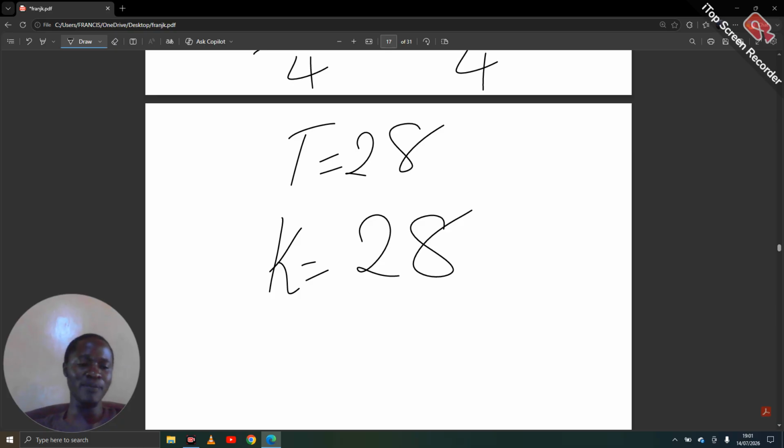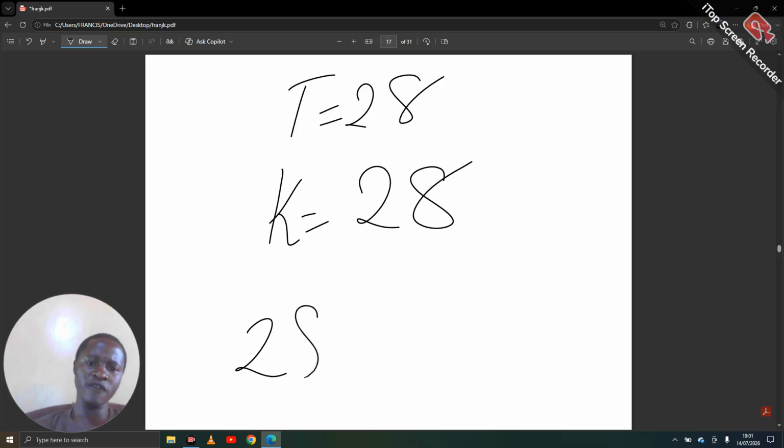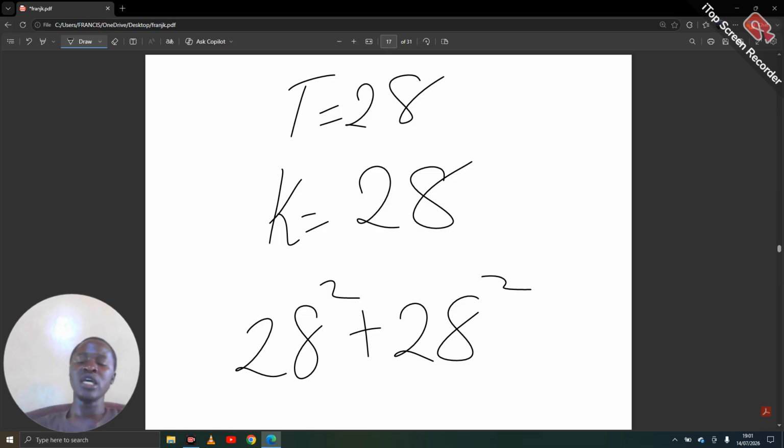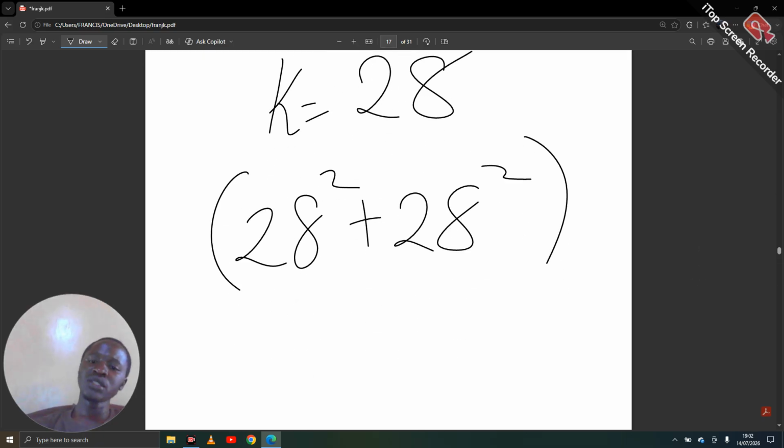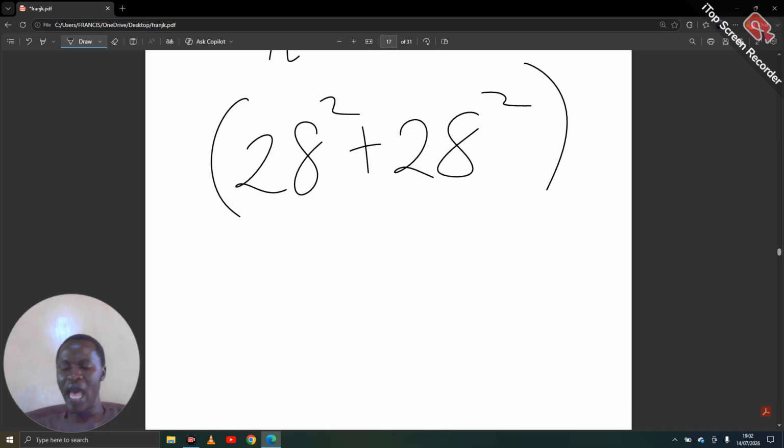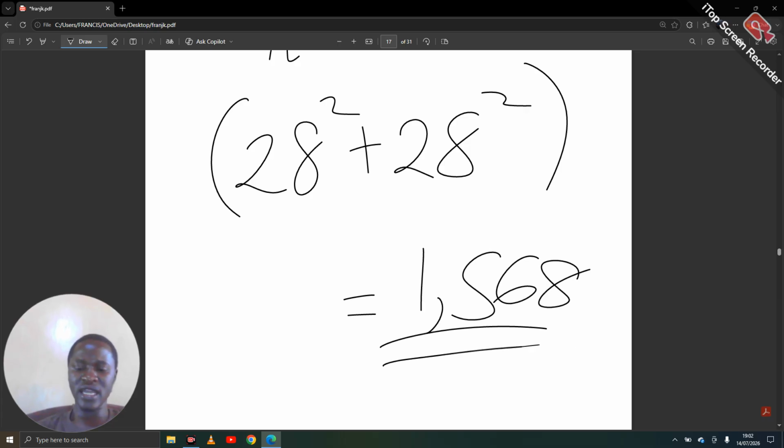You haven't answered the third part of the question. Find the minimum value of k squared plus t squared. So the minimum value of k squared, which is 28 squared, plus t squared, which is again 28 squared. So having that in your calculator, we shall have 1568. That is the answer.